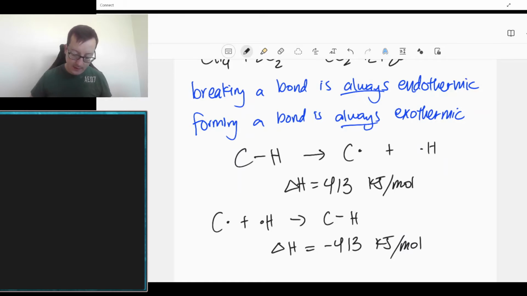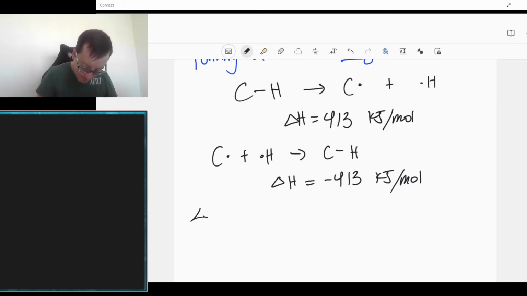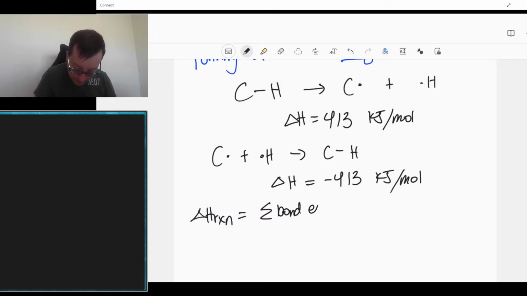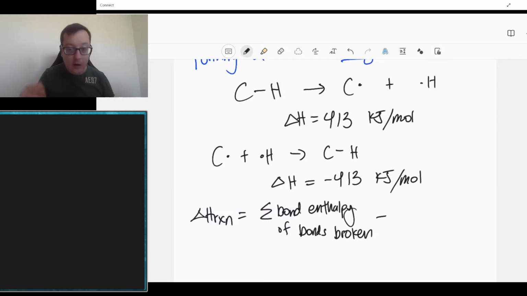We can calculate delta H for a reaction by taking a look at all of the bond enthalpies of bonds formed. I'm sorry, we're going to start with broken, because we're going to always start with our positive bits.